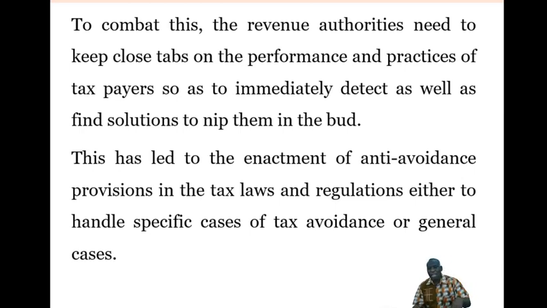So the related parties were engaging themselves in tax avoidance practices, and they were getting away with it. But in the IRS Act, which started from 2001, right down to the Income Tax Act, there are what? Anti-avoidance provisions in the law to nip these practices of tax avoidance in the bud.